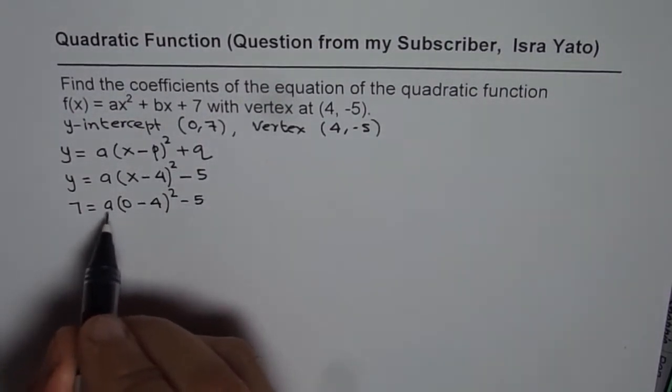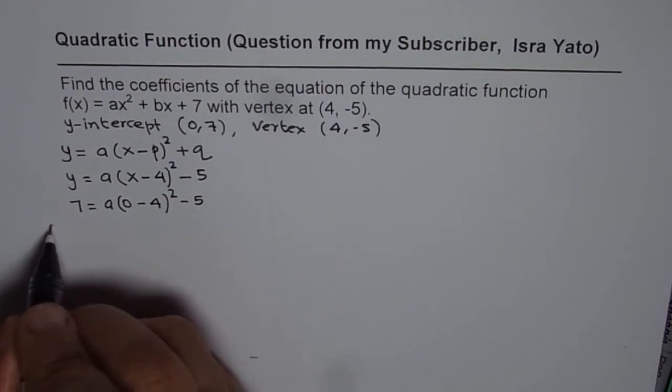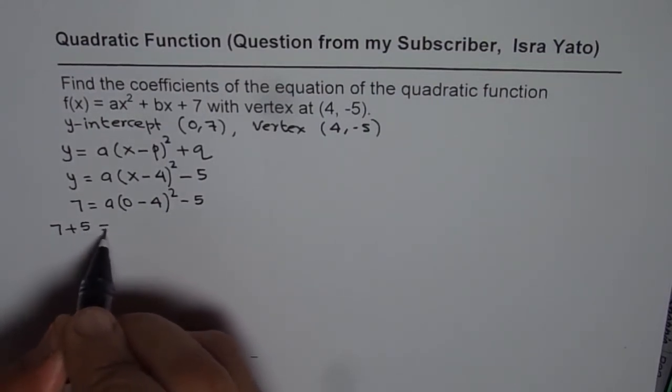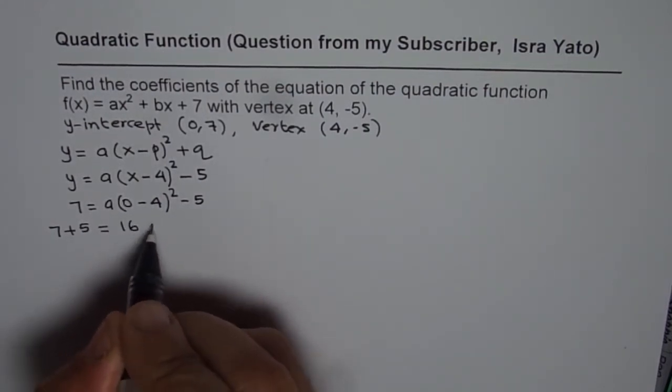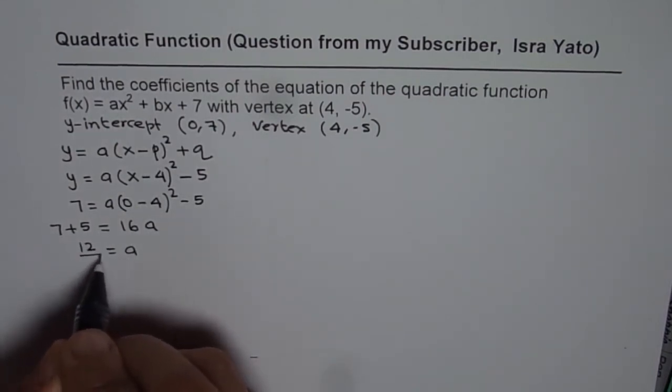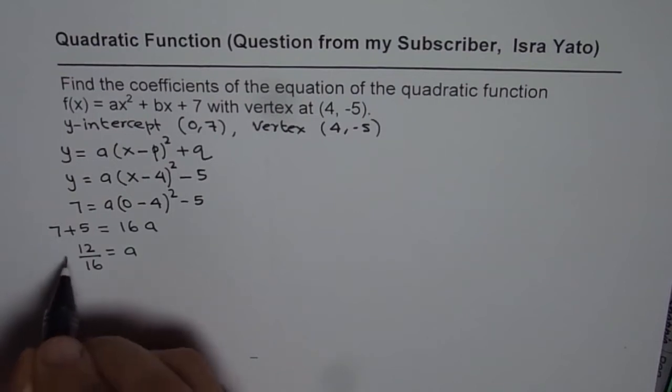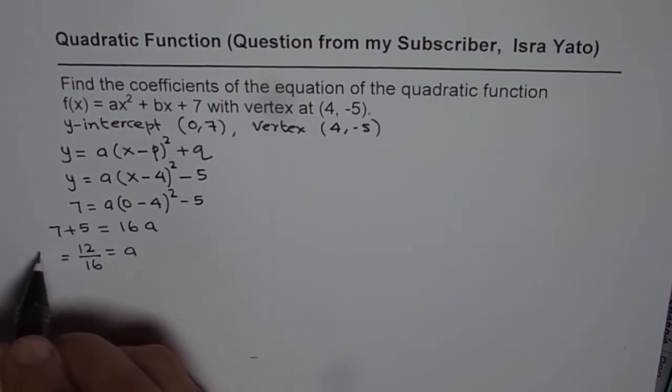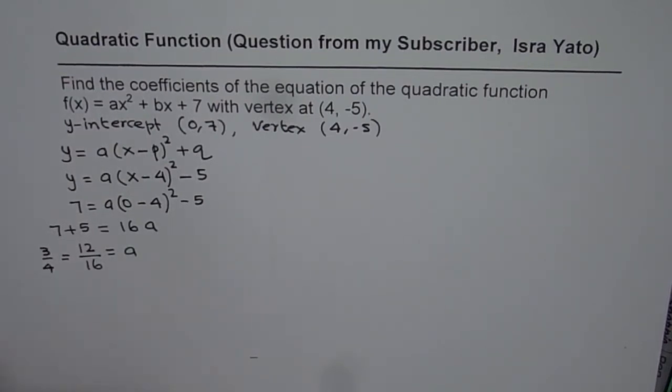Now we can rearrange and find the value of a. We get 7 plus 5 equals 16a, or a equals 12 divided by 16, which is 3 over 4. So we know the value of a.